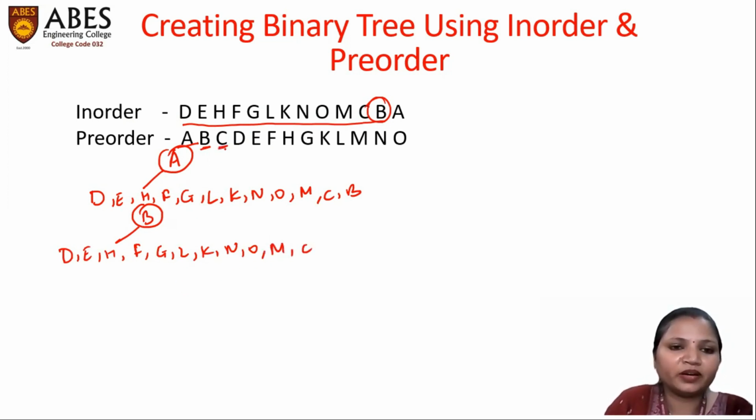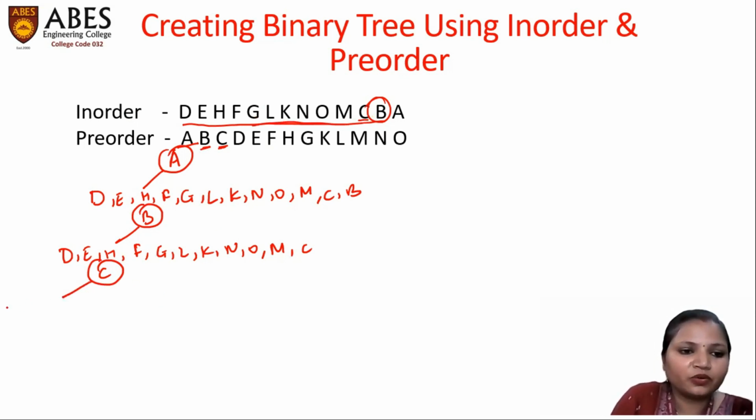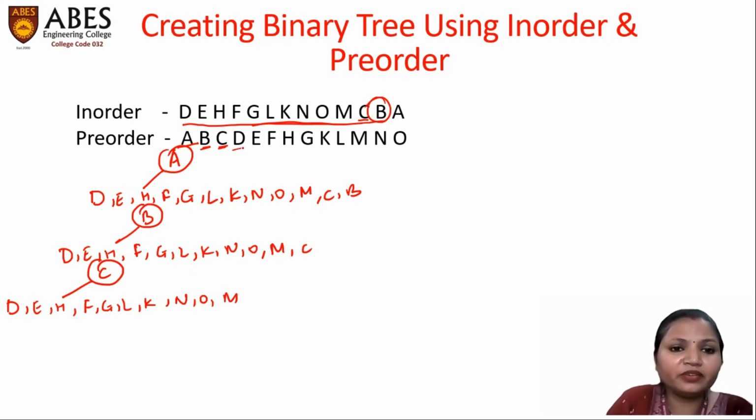Next element that becomes the root node is C. Again check. All the elements are present on the left hand side of C. So D, E, H, F, G, L, K, N, O, M.